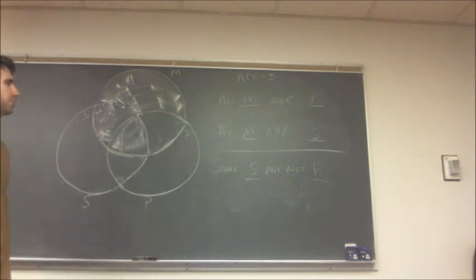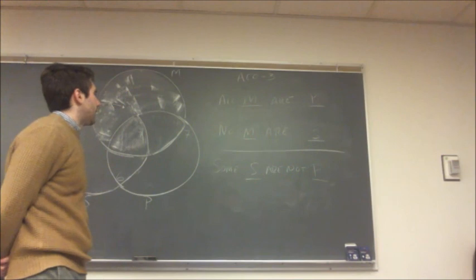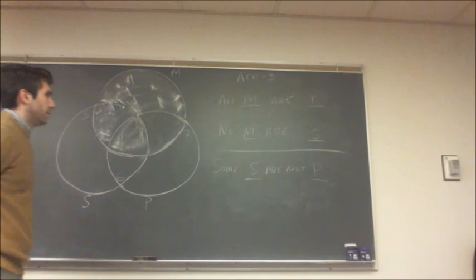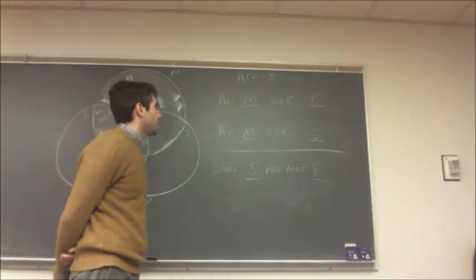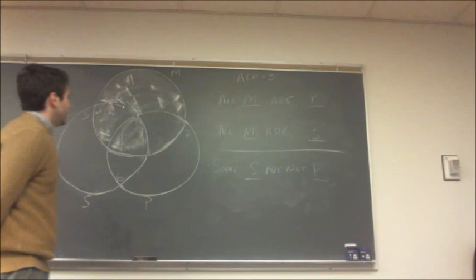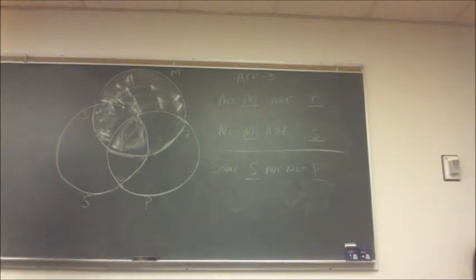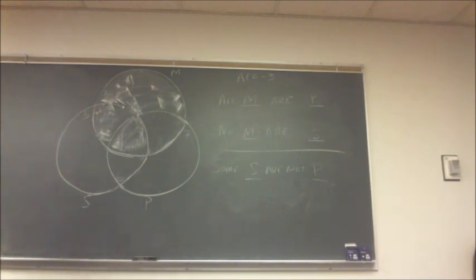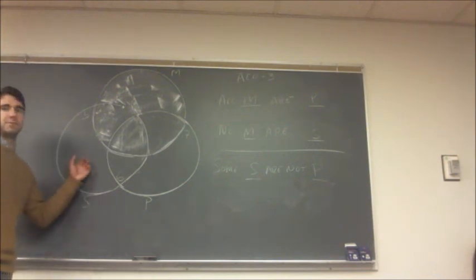Okay, finally we have our conclusion, some S are not P. Is that true according to this diagram? Well, again, from the Boolean perspective, we know that it's not because there's no X. But where would an X go? Some S are not P. We'd want to mark in a place where something is an S and not a P. That's unshaded, which means it would have to be in 5.